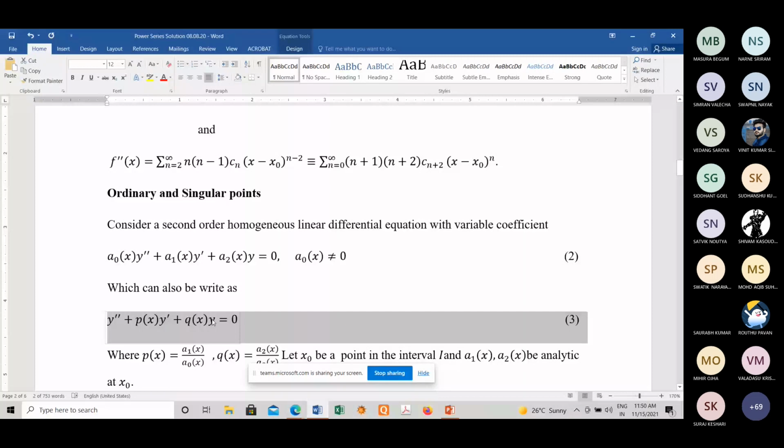Again I am repeating: a point x equal to x naught is said to be an ordinary point if px and qx both are analytic at x equal to x naught. Is it okay?